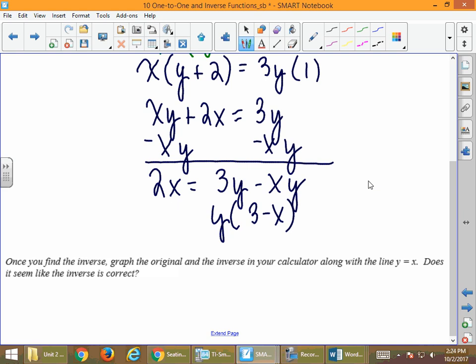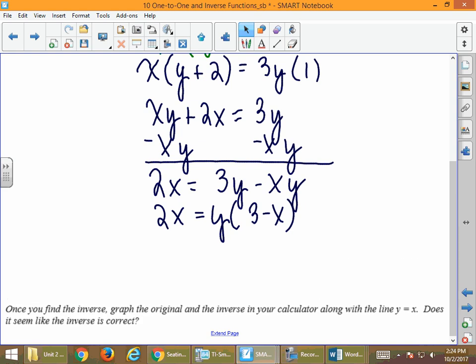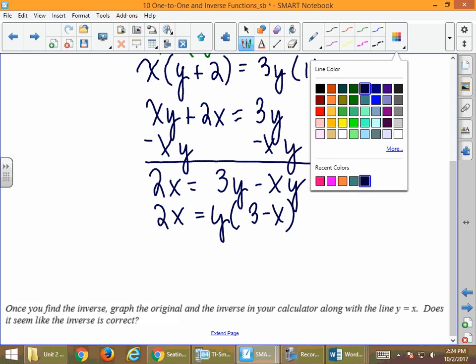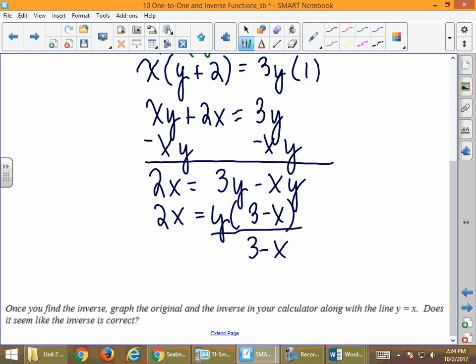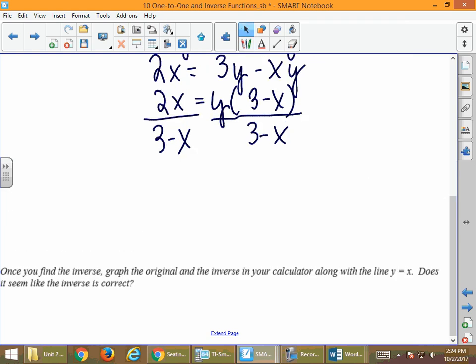So you might have gotten it. If we factor out the y, then there's only one y now written in the equation. We're trying to solve for y. That's our third step. When we solve for y, we'll divide by 3 minus x. So hopefully you didn't have to squeeze it in.